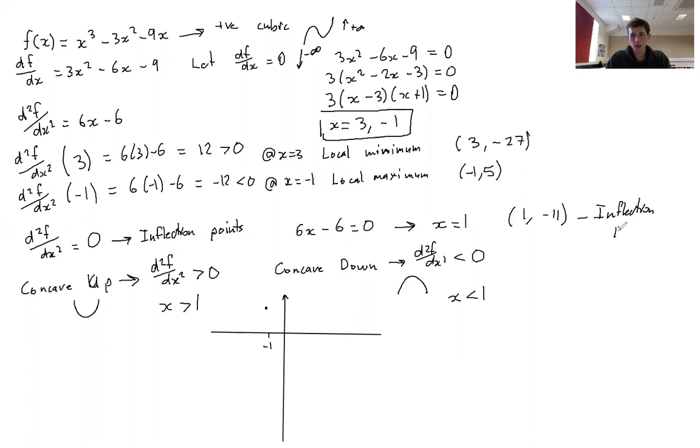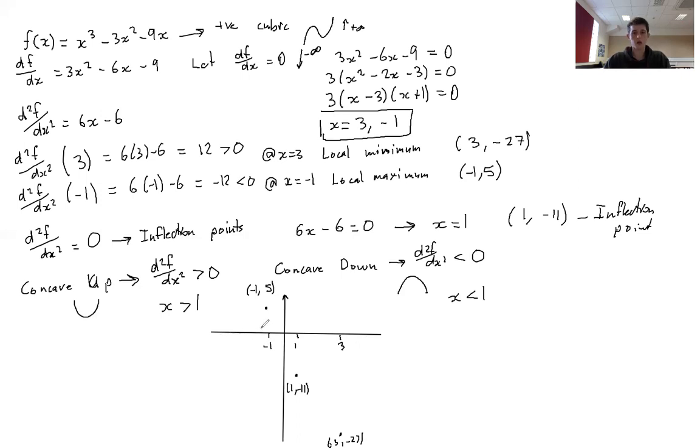If we plot that, it's at 1, -11, which looks like it's somewhere around here. So we have -1, 5, and 1, -11. And then our last point was 3, -27, so it's going to be somewhere way down here.